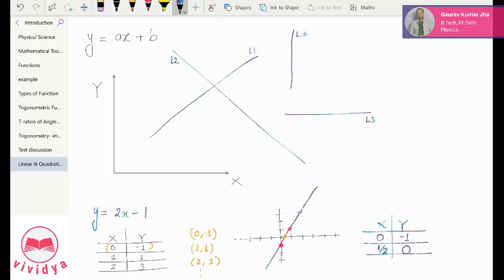What kind of line is L3? Anybody? No, L3. I'm asking what is the special characteristic, or what is the special thing you are noticing about L3? Yes, it is horizontal, but I am thinking about y and x, no?